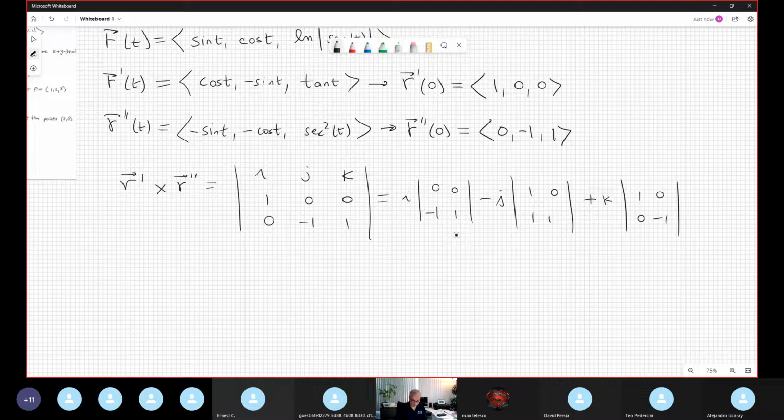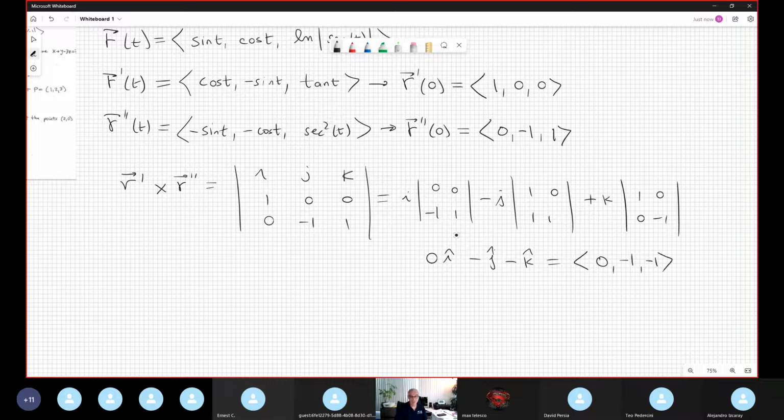Okay, let's do it. This is 0, it's obvious, 0 i. And j is negative 1 j, by default you suppose the coefficient is 1. Plus, no, minus k. The vector is then 0, negative 1, negative 1.